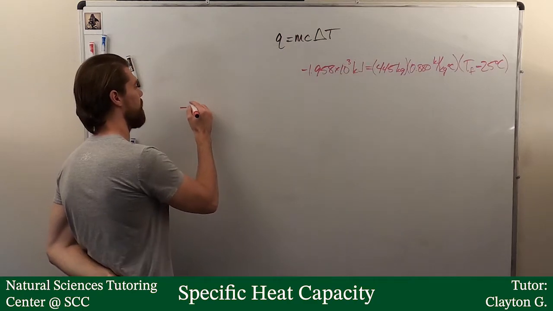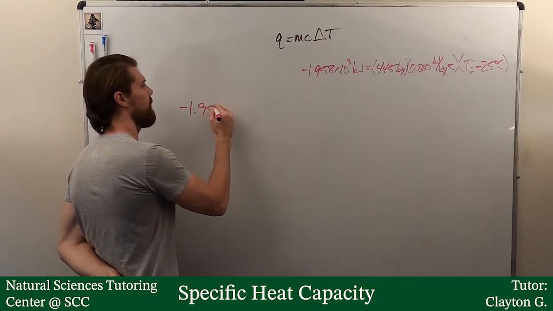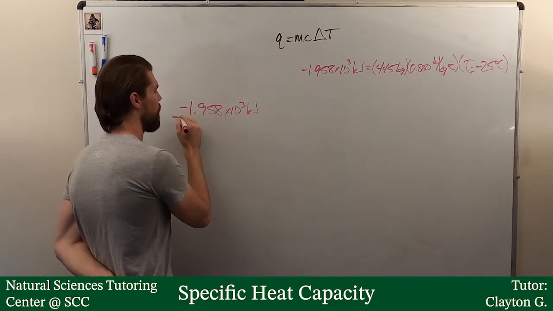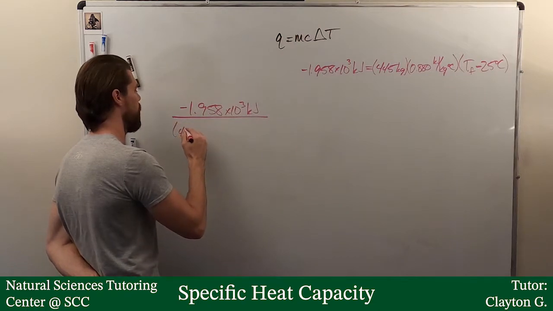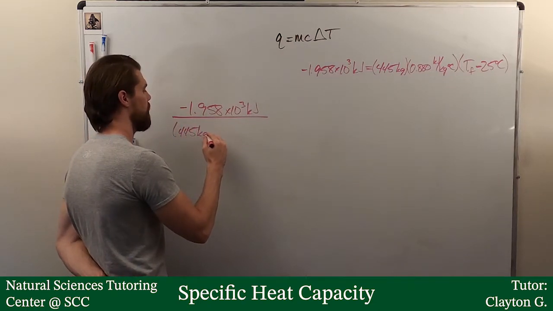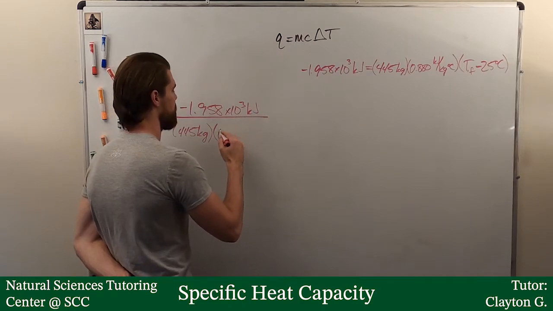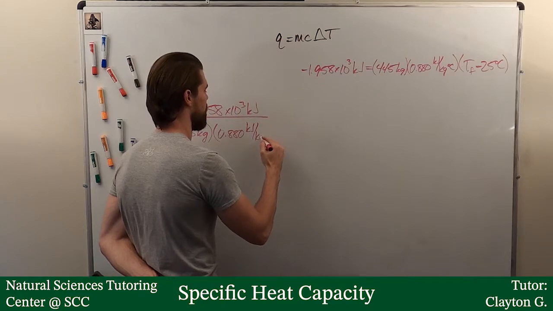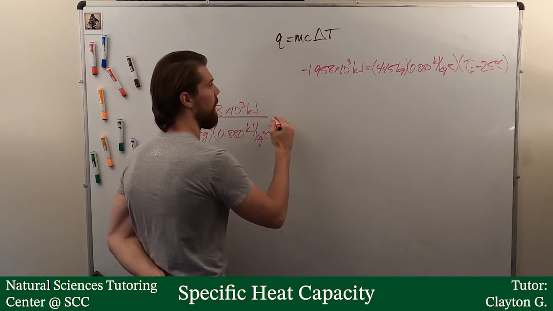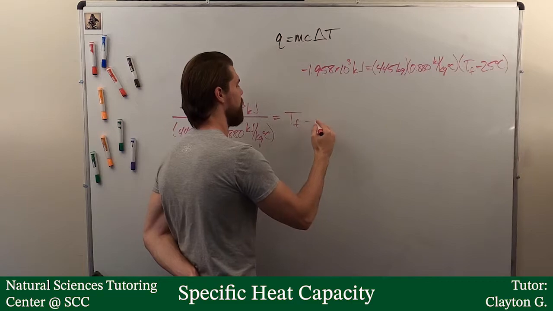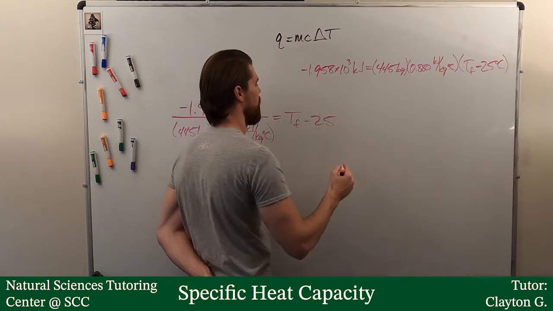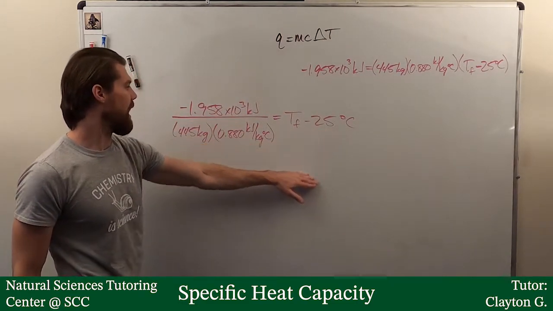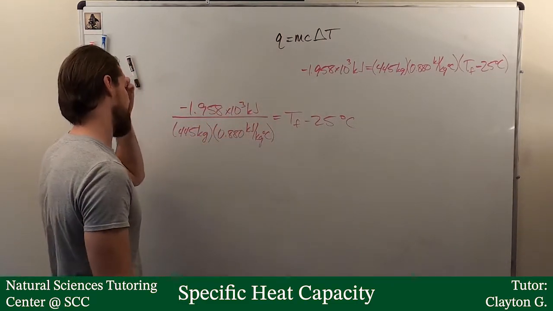So I will get negative 1.958 times 10 to the 3rd kilojoules over the quantity of 445 kilograms times 0.880 kilojoules per kilogram degrees Celsius, and that equals T final minus 25 degrees Celsius. All right, so now I can just add 25 to this and we'll be good.